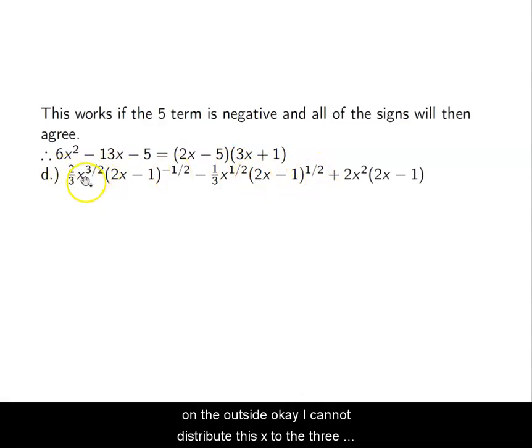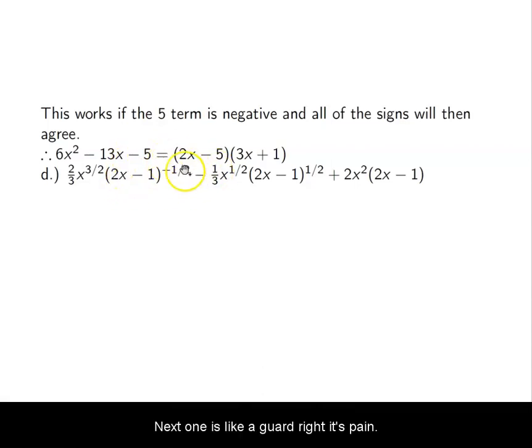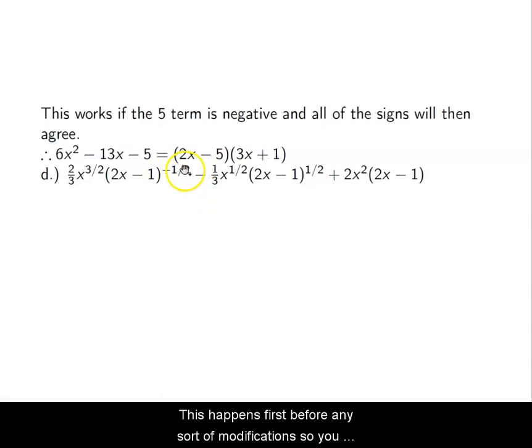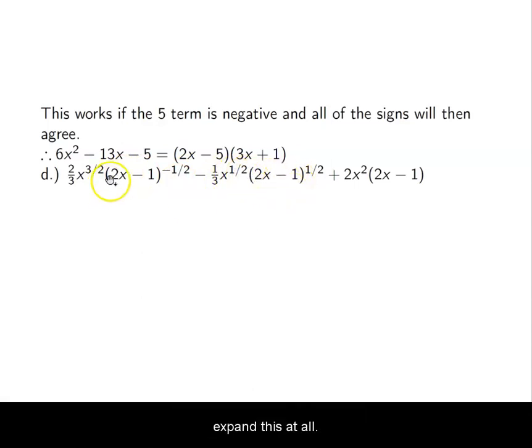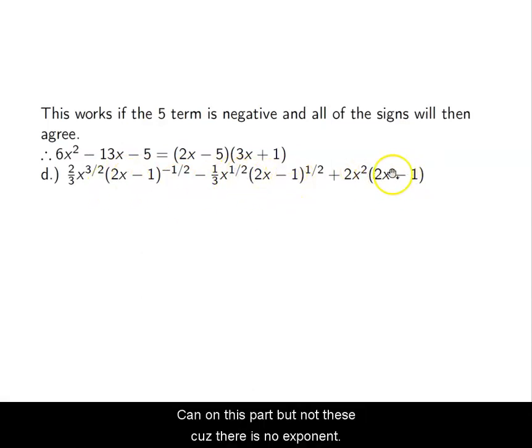I cannot distribute this x to the 3/2 across this because it's raised to an exponent. The exponent is like a guard, right? It's PEMDAS. This happens first before any sort of multiplications. So you can't simplify this by expanding it. You can't expand this at all. You can on this part, but not these, because there is no exponent here.